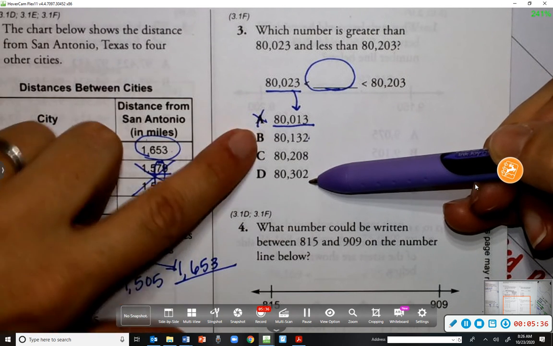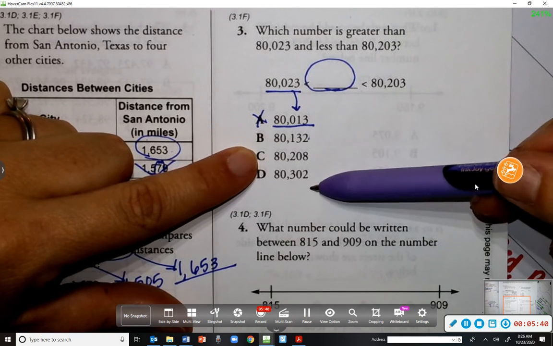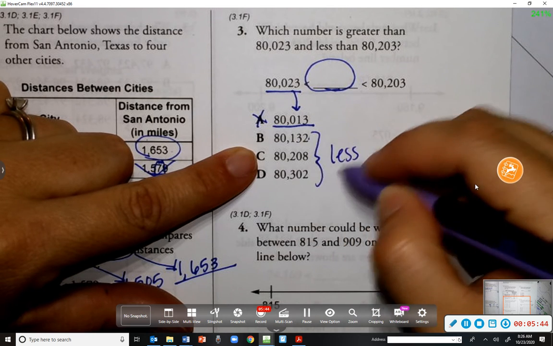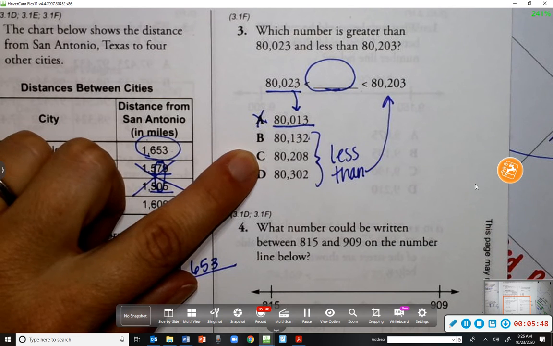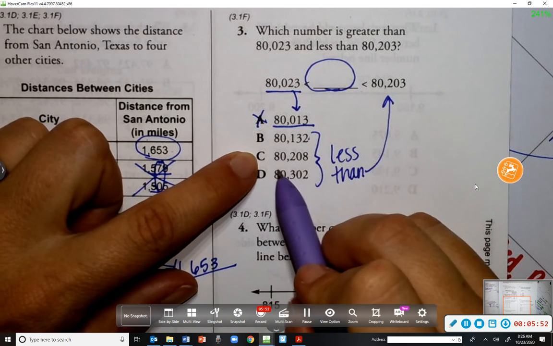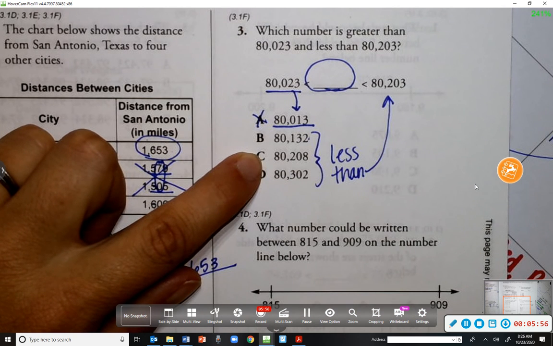So now we're left with B, C, and D, and we need to see now which of these is less than 80,203. Okay? There's a B. Okay, Kaylee says it's B. What's wrong with C? C is the 2 is bigger. No, the 8.